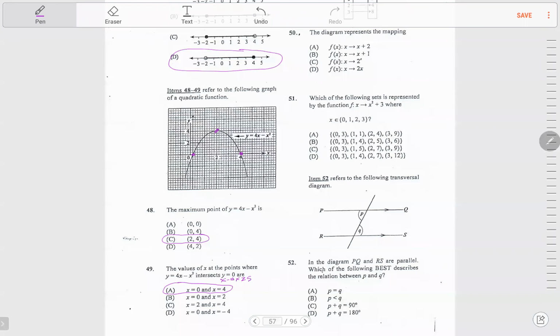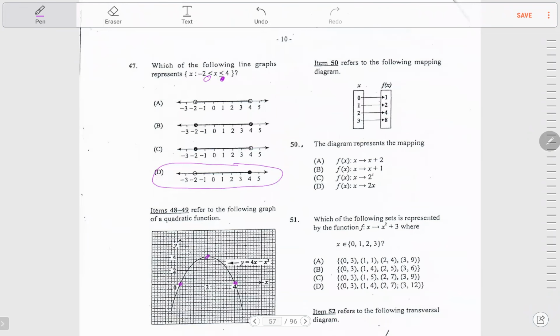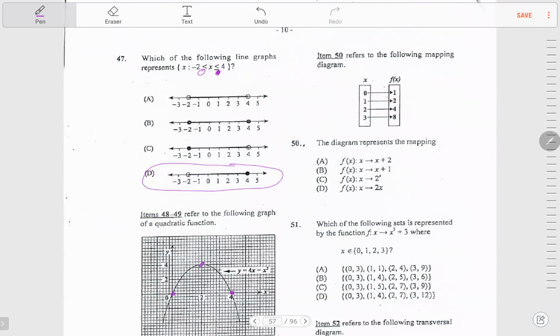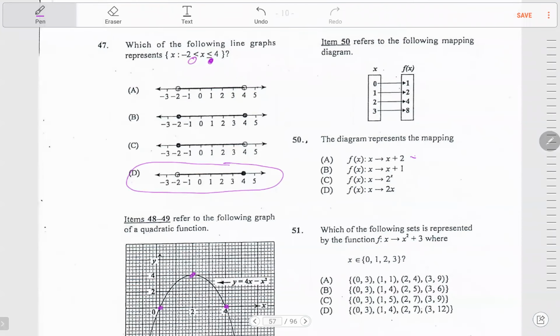The next question up here is asking us which one of these is a relation, right? So we can use a process of elimination. Clearly not this, because 0 plus 2 is not equal to 1.